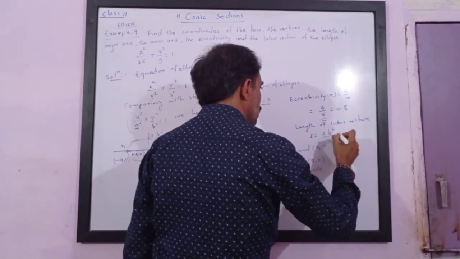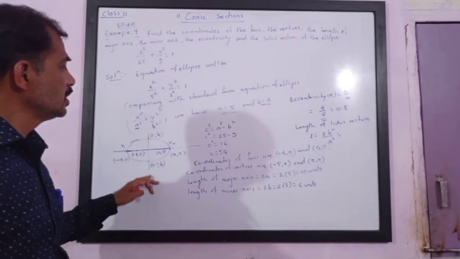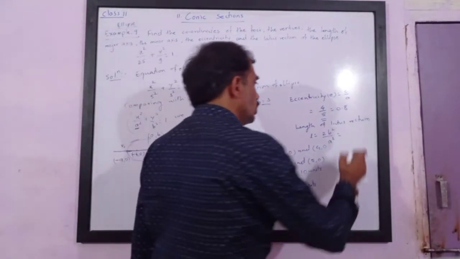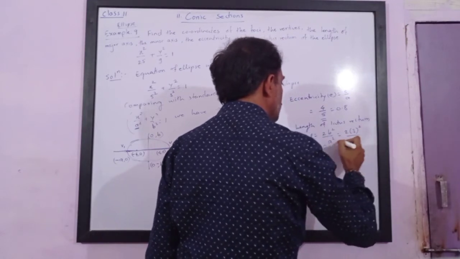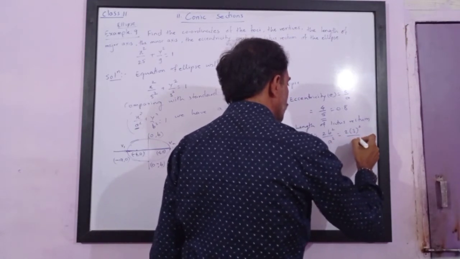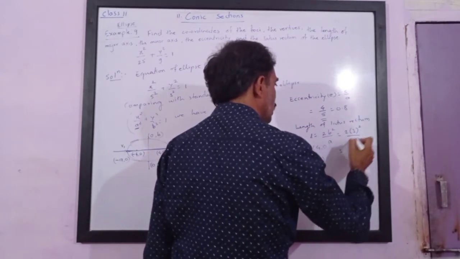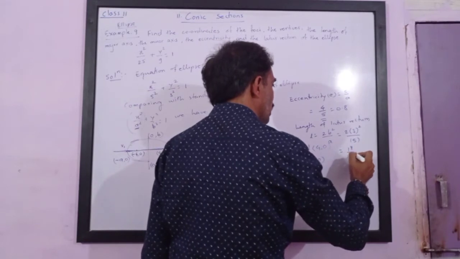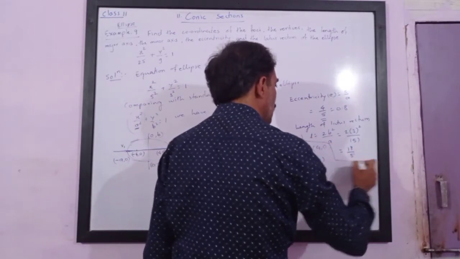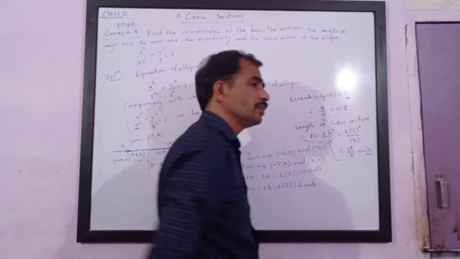So this is equal to 2 times b square, 3 square, upon a, that is 5. Sorry, upon a, not a square. That is equal to 18 upon 5. So the length of latus rectum is 18 upon 5 units.